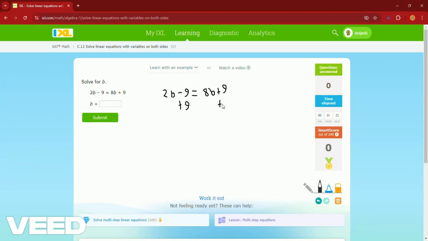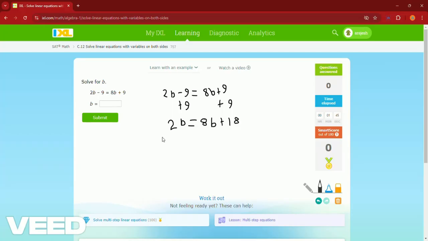It may be discombobulating, but bear with me. So by doing that, you get 2b is equal to 8b plus 18.